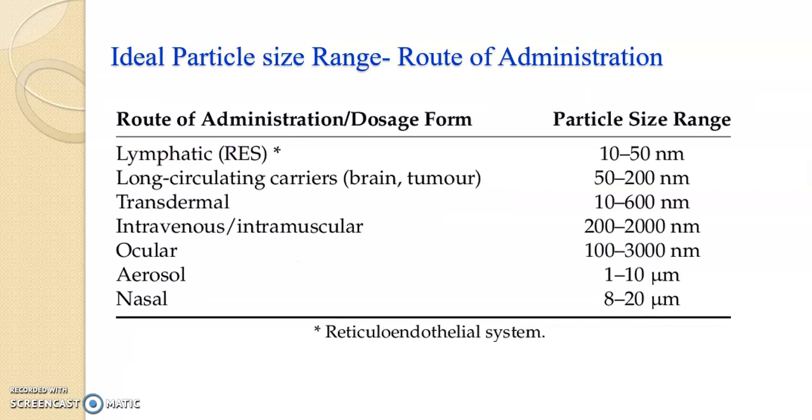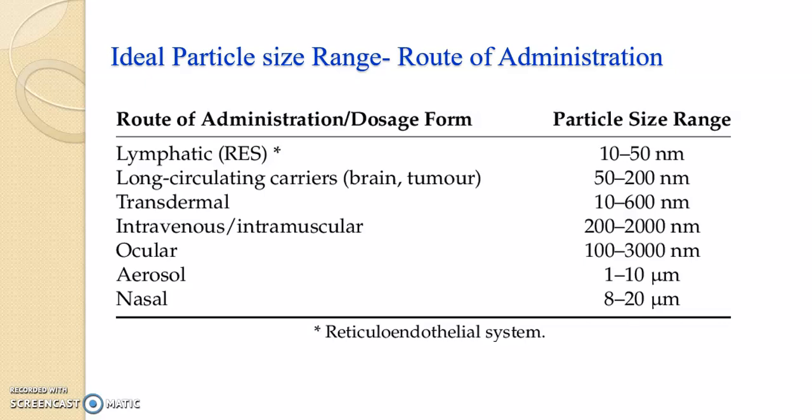In the present slide, you can see the ideal properties. This table represents the ideal property of a dosage form with respect to its particle size range. The ideal particle size is a very important criterion for a dosage form. For example, if you want the drug to be administered by the lymphatic route, the particle size should range from 10 to 50 nanometer.